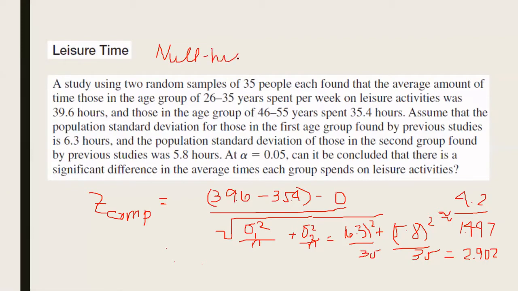Hypothesis testing. Why is it called null? It's because it's like in the court of law. In the court, we always assume that a person is innocent until proven otherwise, or until proven guilty.